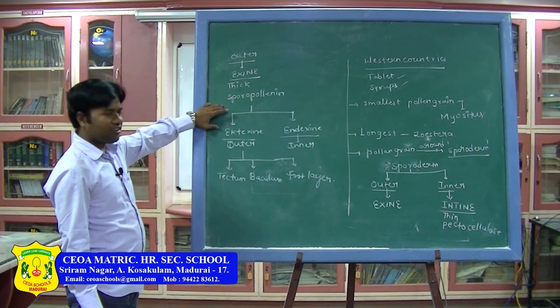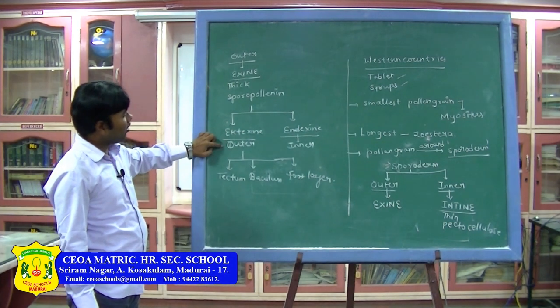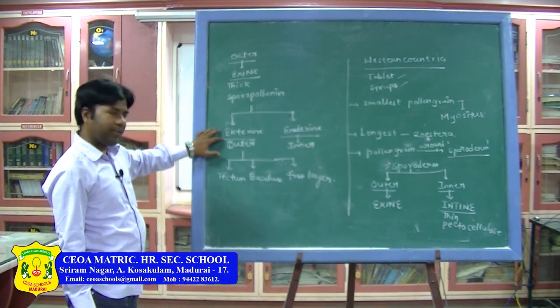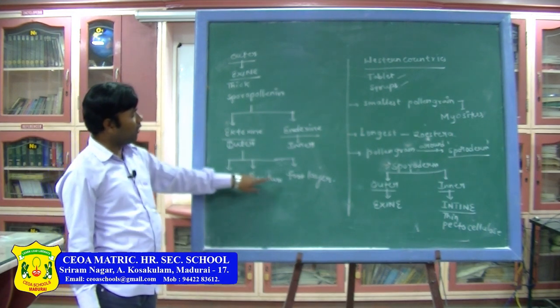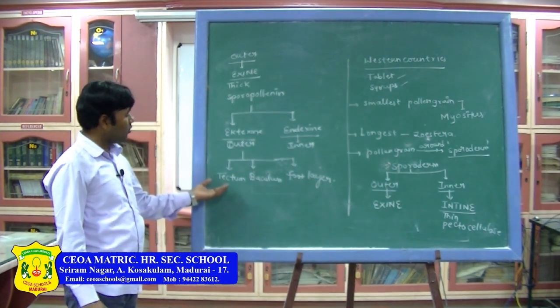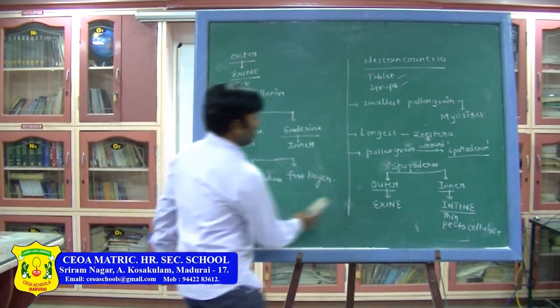Ectexine is the outermost one, endexine is the innermost one. Now let us see how the tectum, baculum and foot layers are present in the exine.